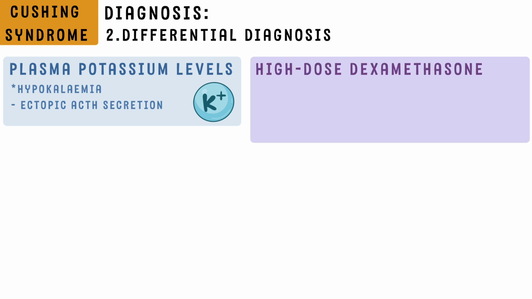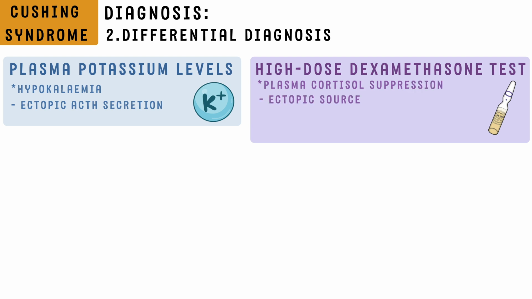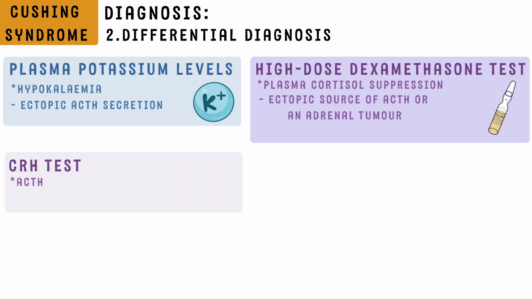High-dose dexamethasone test: failure of significant plasma cortisol suppression suggests an ectopic source of ACTH or an adrenal tumor. CRH test: an exaggerated ACTH and cortisol response to exogenous CRH suggests pituitary-dependent Cushing disease, as ectopic sources rarely respond.